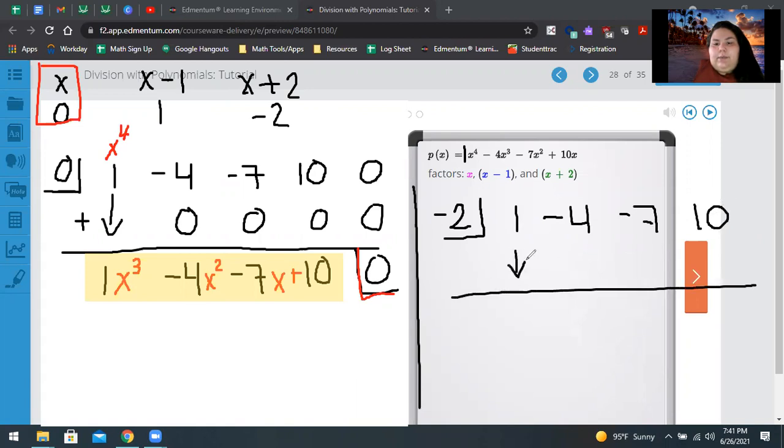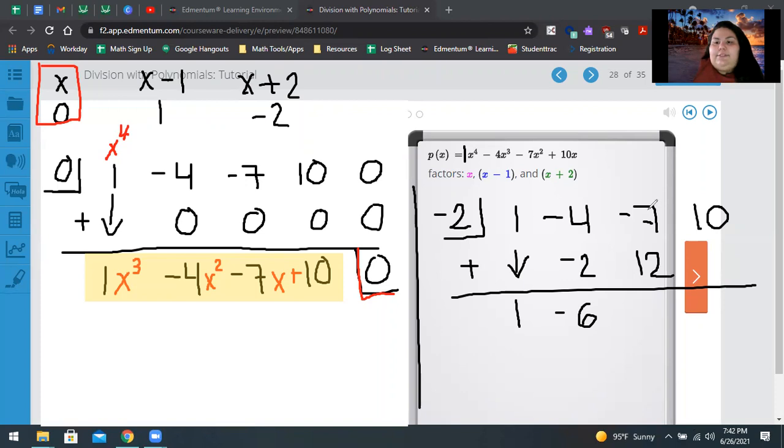This first one comes down, so that's 1. Remember, anything below this line is added, and what's down here is multiplied by this number on top. 1 times -2 is -2. -4 plus -2 is -6. -6 times -2 is +12.